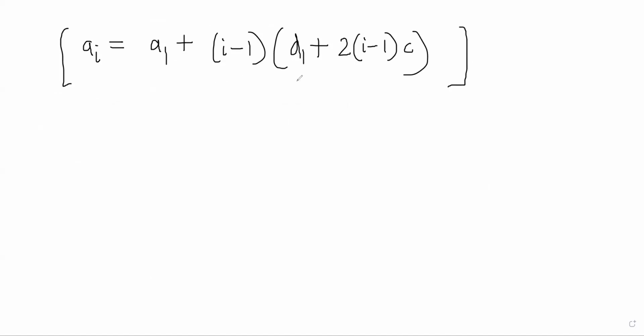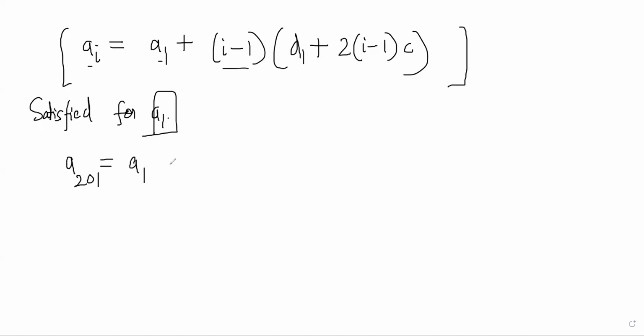And obviously, this equation will be satisfied for a1. If you put i equal to 1 in this equation, this term vanishes, so a1 equals a1. And it is also satisfied by a201. So a201 will be equal to a1 plus 200 d1 plus 199c. And that is equal to a1, as said in the problem itself: a201 is equal to a1.